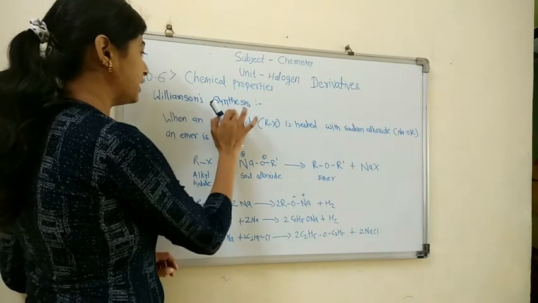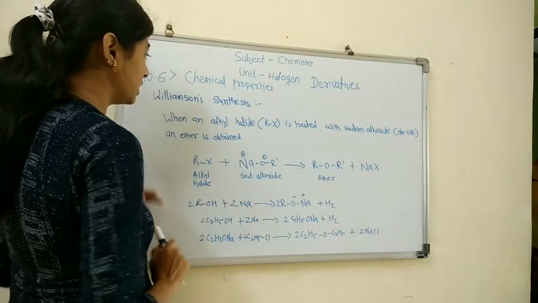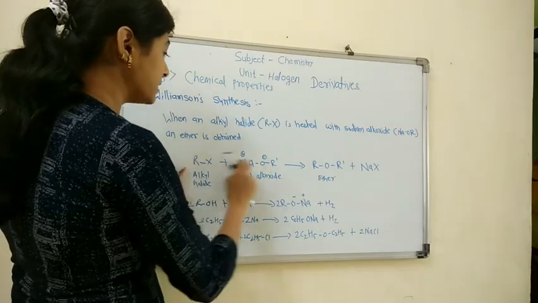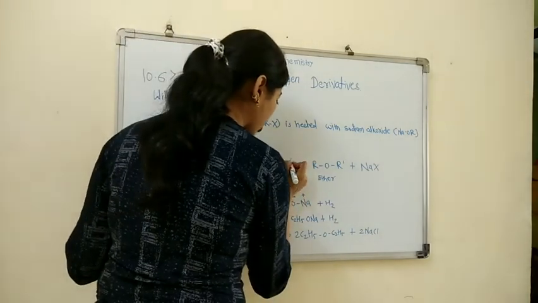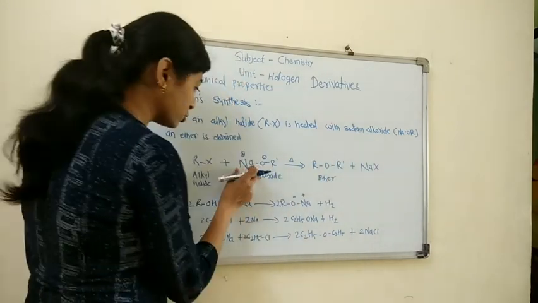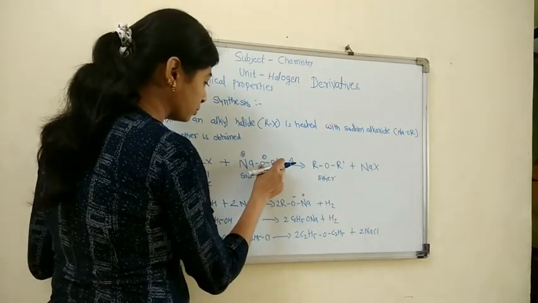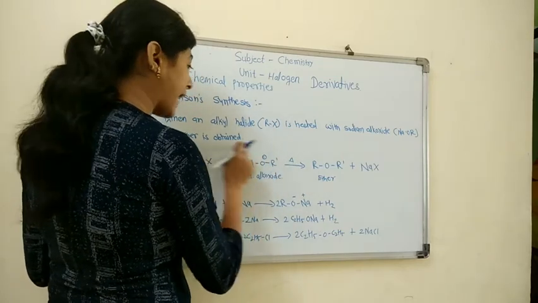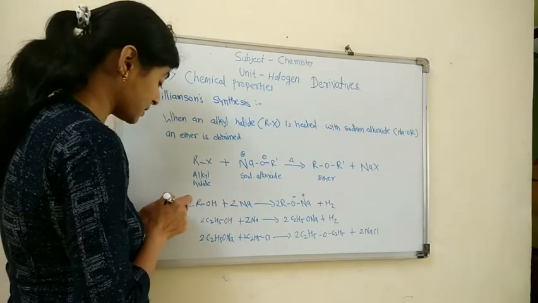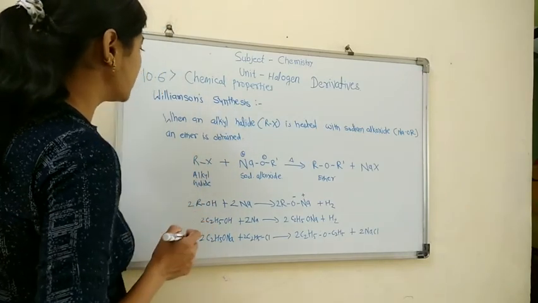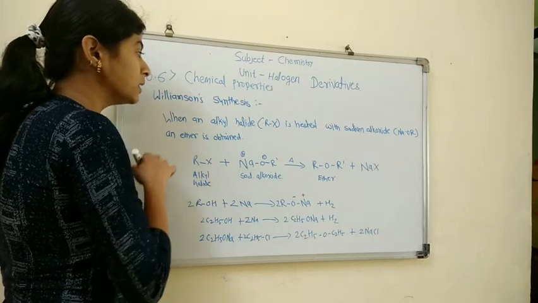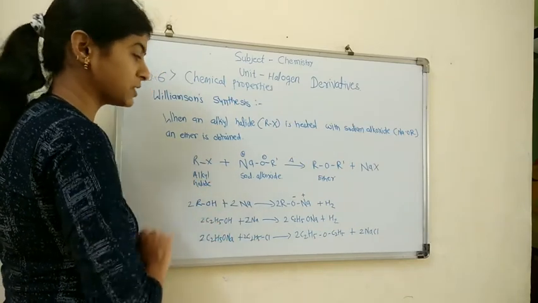So next is Williamson synthesis. What is Williamson synthesis? When an alkyl halide is heated with sodium alkoxide, this is alkoxy group, sodium alkoxide, and ether is obtained. This reaction is known as Williamson synthesis, and this reaction is used for the preparation of simple as well as mixed ethers.